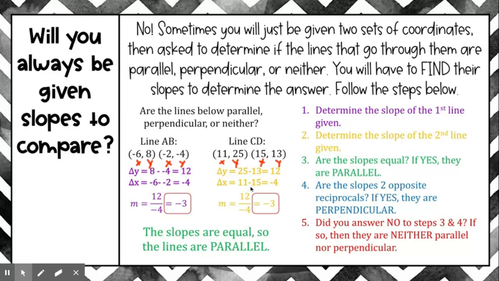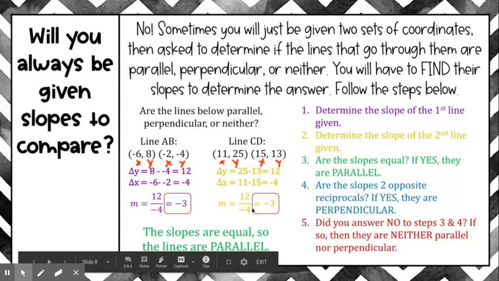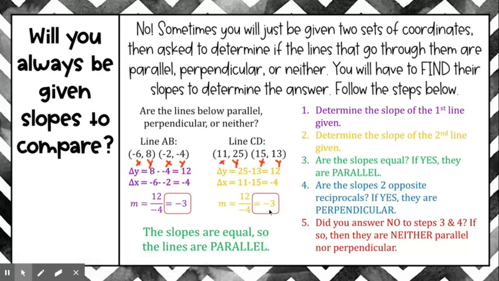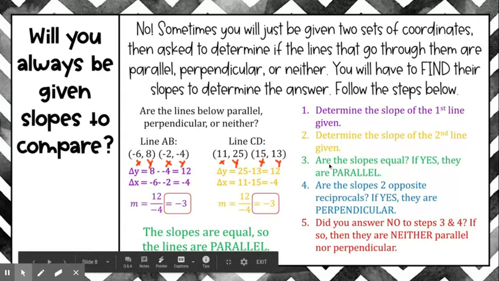So 11 minus 15 is negative 4. So we get 12 over negative 4, which we can reduce to 3 over negative 1, which turns into just negative 3. So now we need to decide our third step, are the slopes equal?